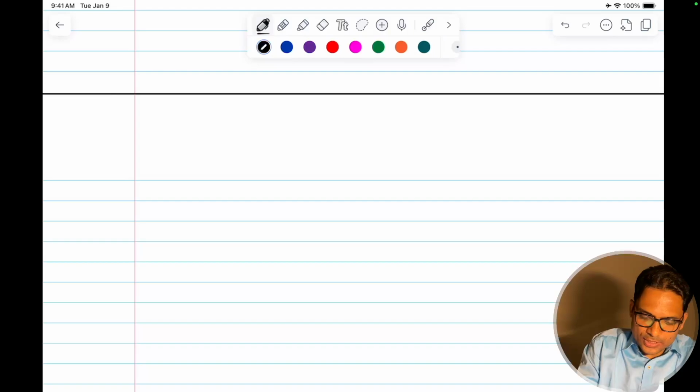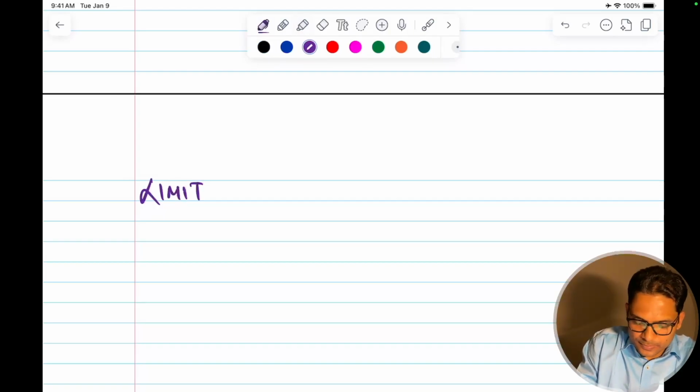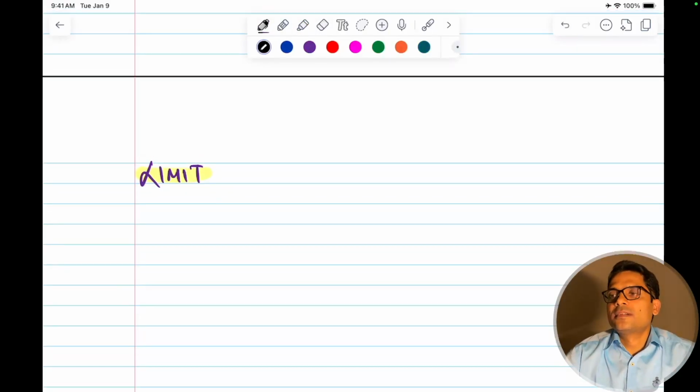Okay, so limits. What is a limit? Let's do a quick revision. The limit of a function f is the value of that function as x approaches a.